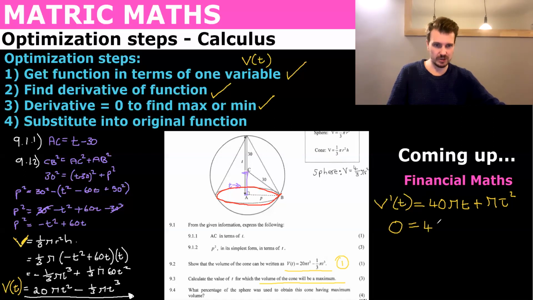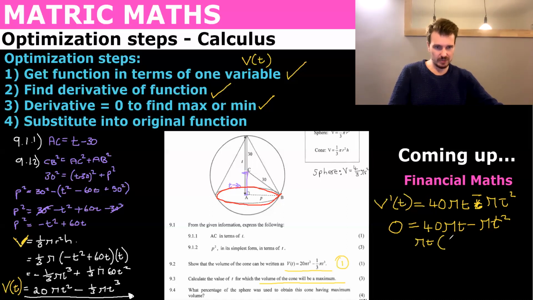0 equals 40 pi t minus pi t squared. Okay, so what I want to do here is solve for t. Okay, so I'm going to take pi t out as a common factor.